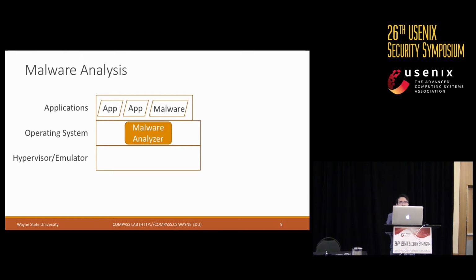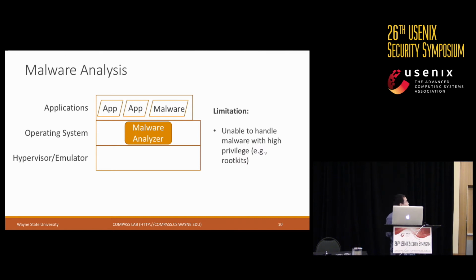To address this issue, researchers started to analyze the malware in a bare metal environment, or we say inside the operating system. They try to access the states of the malware by using some system-level APIs, or they try to modify the system-level software.